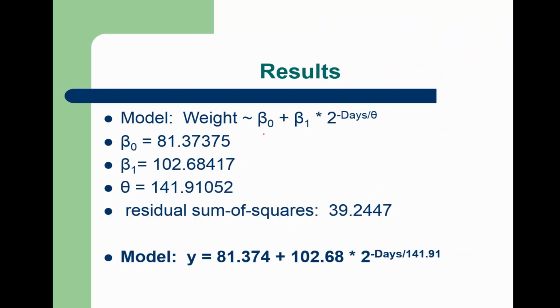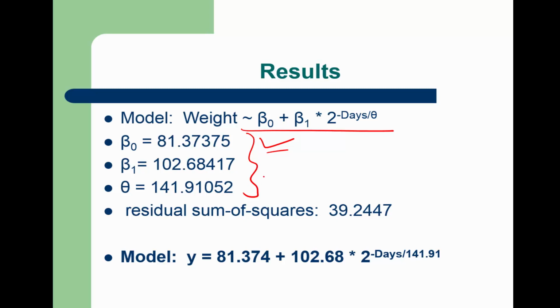So here is the final model that we have with the given data. We have got three parameters in place. Beta naught happens to be 81.37, beta 1 is 102.68 and theta is 141.9. Now you can explain these coefficients from the model the way we explained in the first slide.